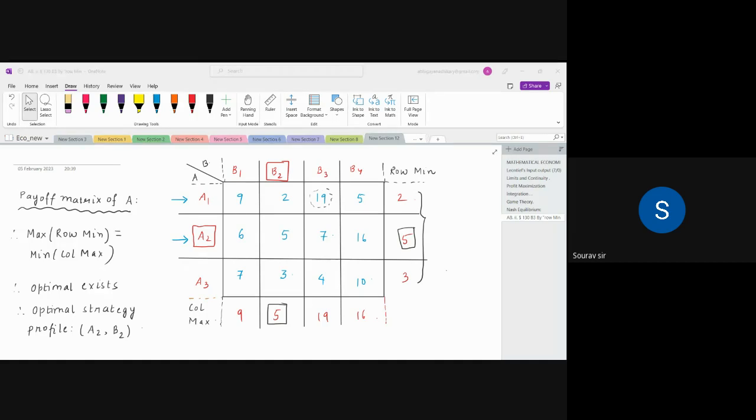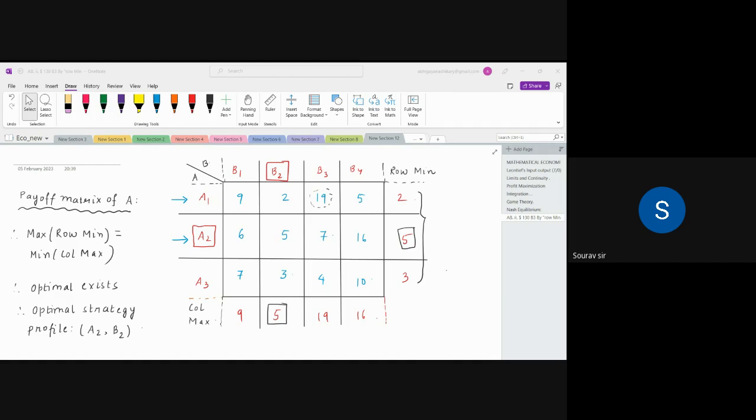Now, if you think, we are using only player one's payoff matrix to get to the optimal strategy of player two as well. So what we are doing in player one's case, we will just do the exact opposite for player two, because everything is opposite, right? The highest payoff 19 would be the least payoff for player two, so everything is opposite.